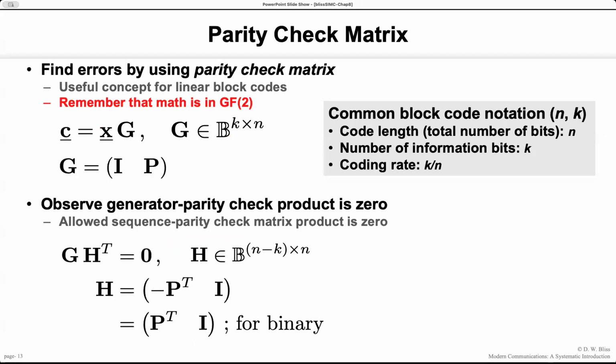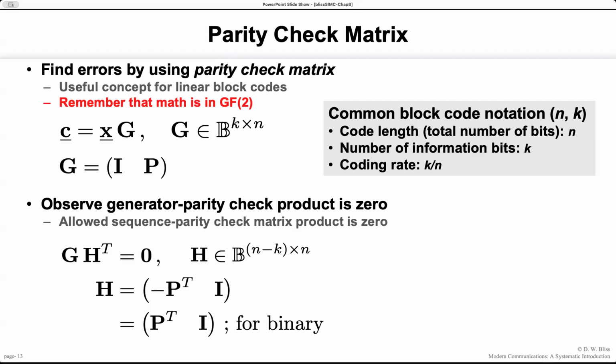All right. Because of the structure, we can actually easily build a nice capability, which we call the parity check matrix. And the idea is there's some matrix that when we multiply the observed code word, so we take the observed code word, multiply it by this matrix, what happens is we will get an all 0 vector if it's a valid code word.